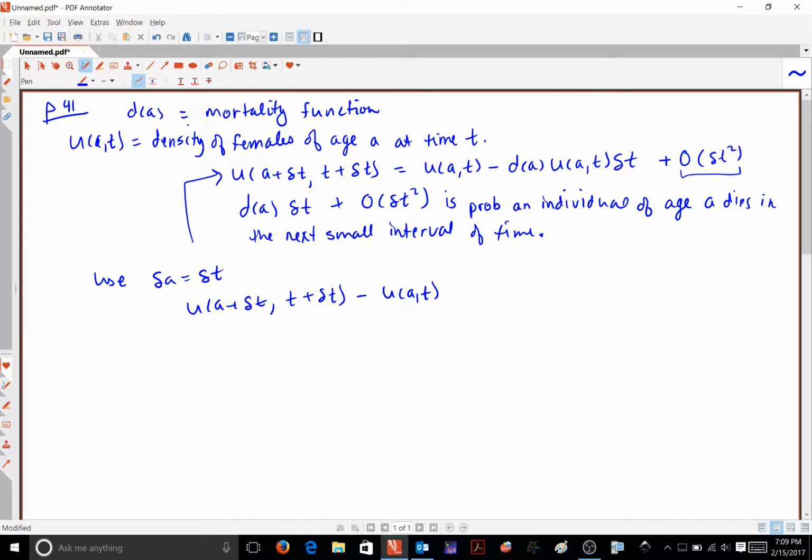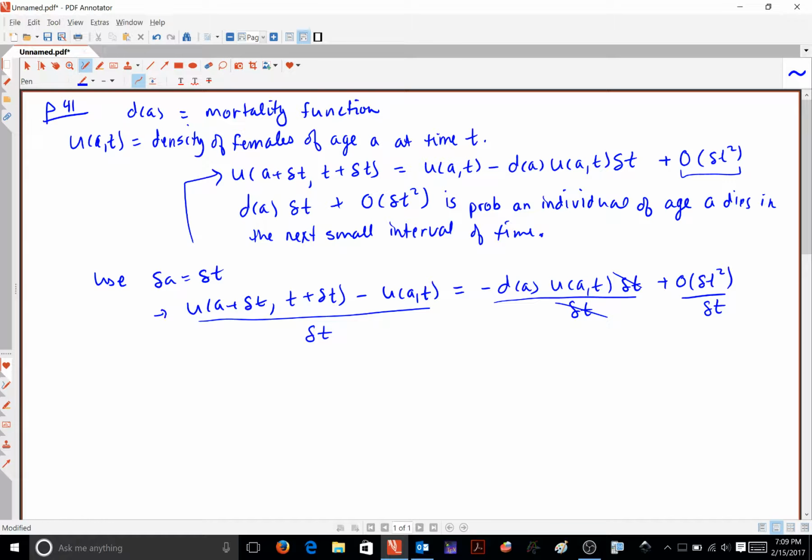I'm going to leave this equals minus d of a, u of a, t, delta t plus some O of delta t squared. And then if I divide everything by delta t, what happens is this delta t and that delta t are going to go away.